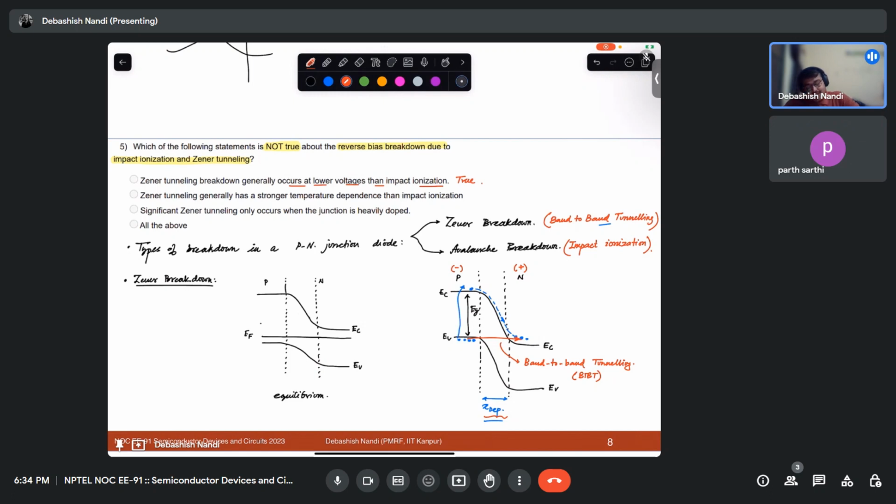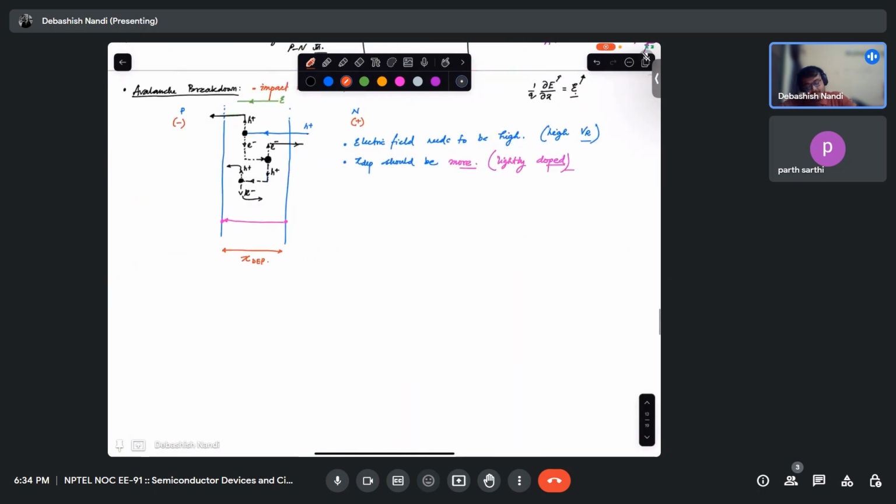Zener tunneling generally has a stronger temperature dependence than impact ionization. Okay, let me tell you about the temperature dependence of impact ionization. If temperature increases, scattering increases. If scattering increases, your mean free path will decrease.